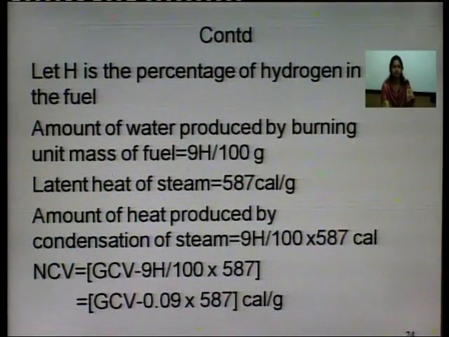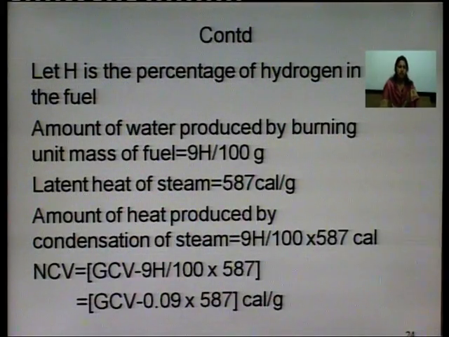Let H be the percentage of hydrogen in the fuel. The amount of water produced by burning unit mass of fuel is equal to 9 into H percentage of hydrogen over 100 gram. Latent heat of steam, the value is 587 calorie per gram.